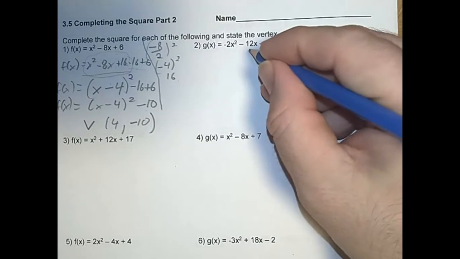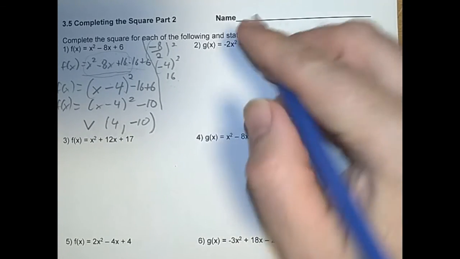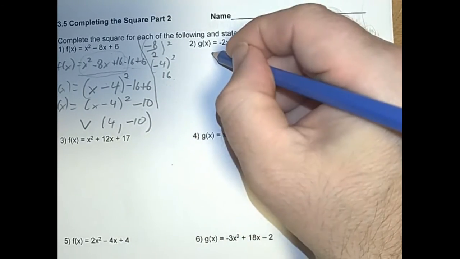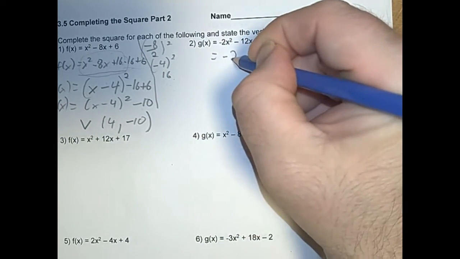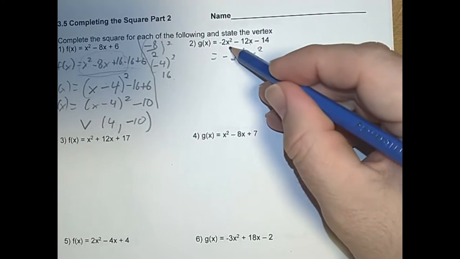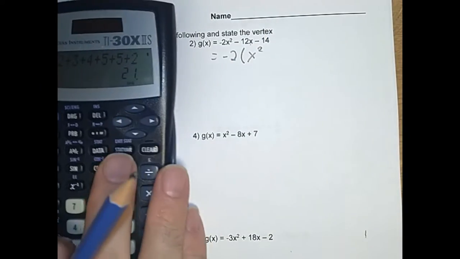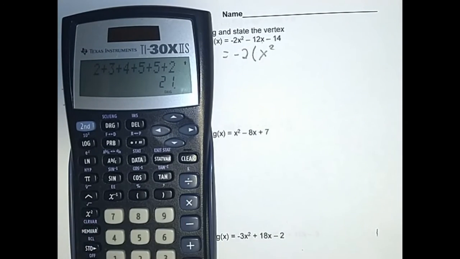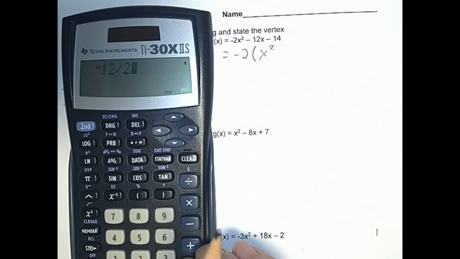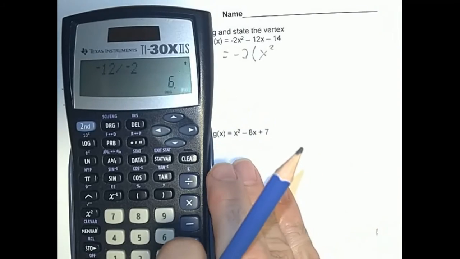So here, first step. If it's not x squared, if there's a number in front, you have to take the -2 and divide the first two terms. It's x squared here, and you have to divide the -12 by -2. So let's clear this. Take the -12 and divide it by -2 in this case, and you get 6.